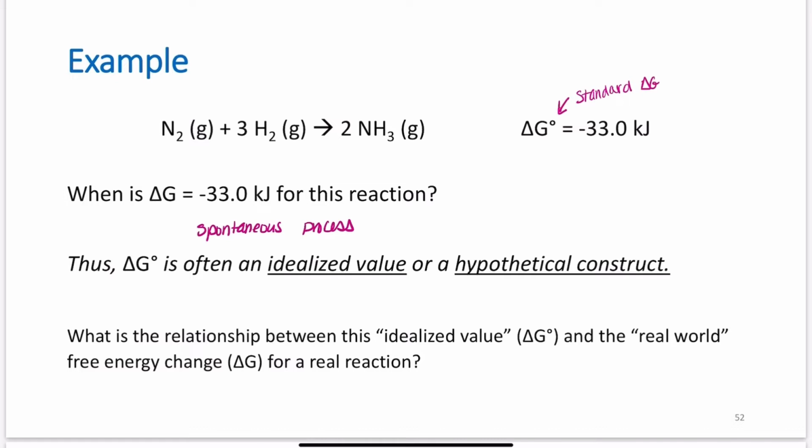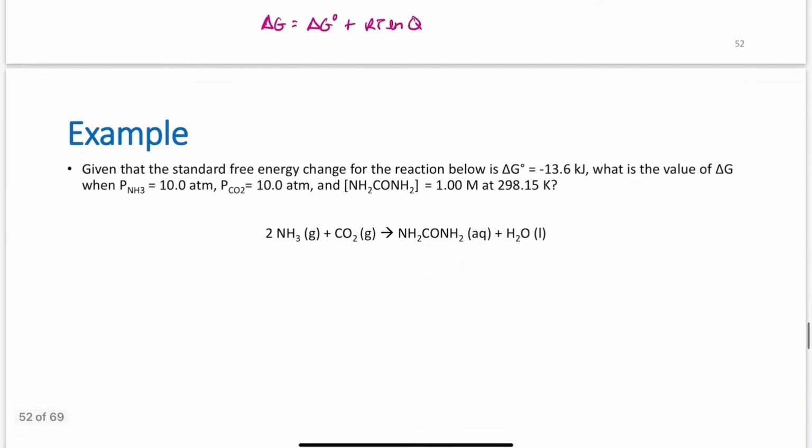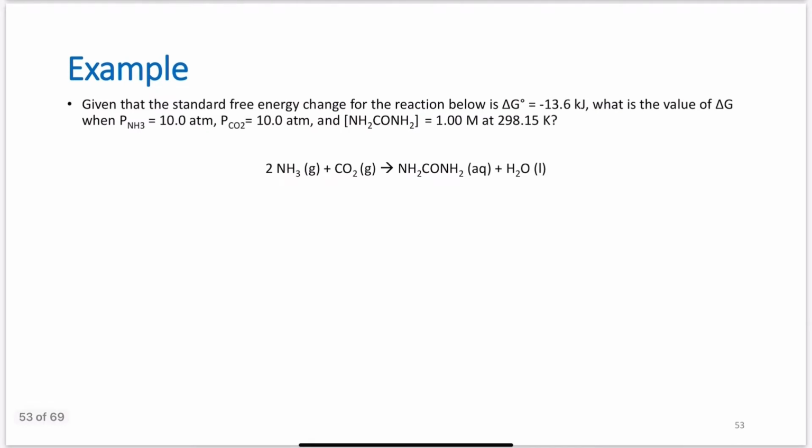Well, we have an equation: delta G, under regular conditions, is delta G naught plus RT ln of Q. If we're told the standard free energy change for the reaction below is negative 13.6 kilojoules, what is the value of delta G when the pressure of NH3 is 10 atmospheres, the pressure of CO2 is 10 atmospheres, the concentration of NH2CONH2 is 1 molar, and the whole system is at 298.15 K?